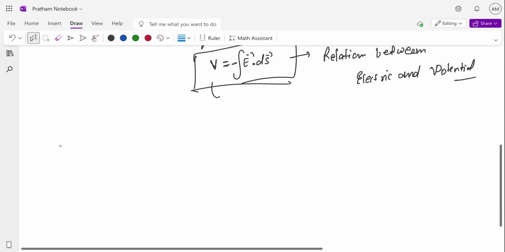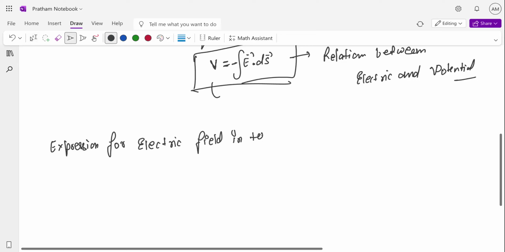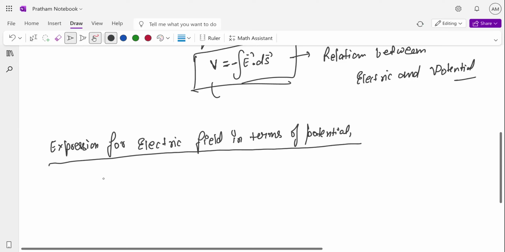I want to calculate the expression for electric field in terms of potential. So how can we do this part? Again, we'll be using the same method, but some steps will be different. I don't think you will be having doubt for this point.